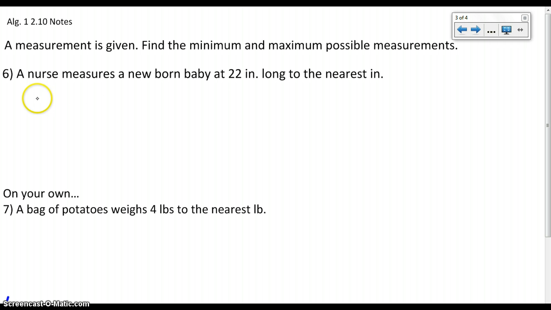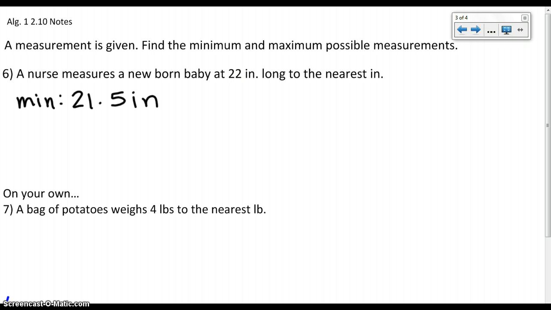So we need to ask ourselves, what is the smallest unit that she could have measured this baby to round to 22? So for minimum, if she's going to round to 22, what's the smallest it could have been? So the smallest it could have been was 21.5 inches, because that would have rounded to 22.